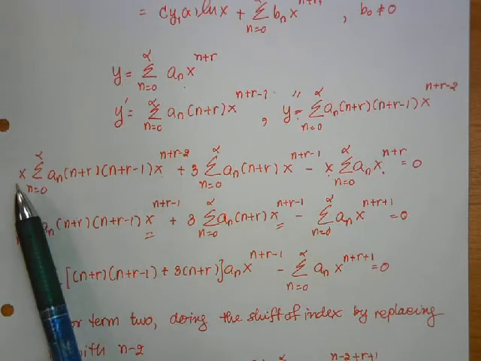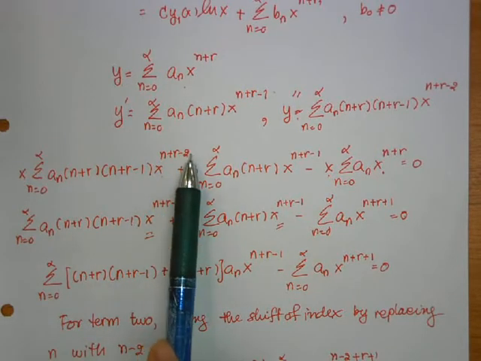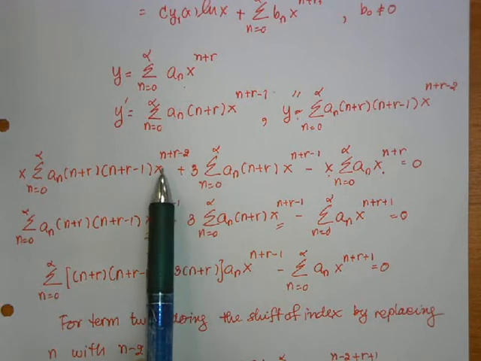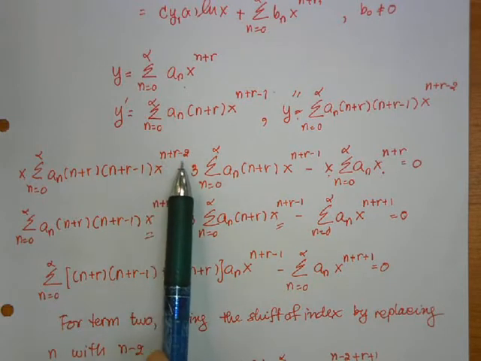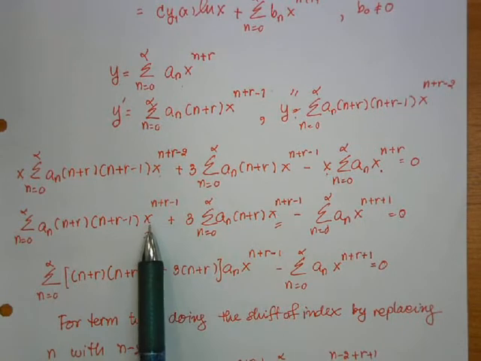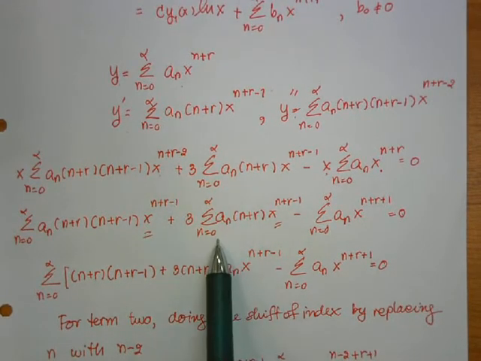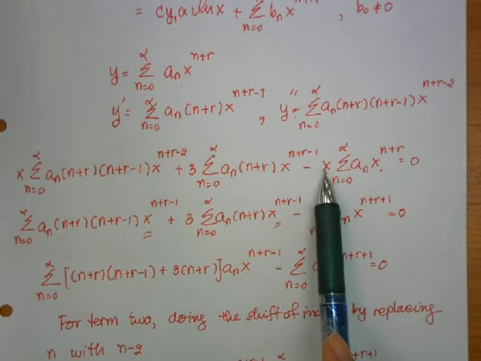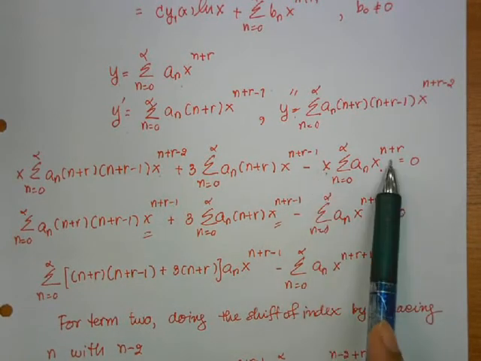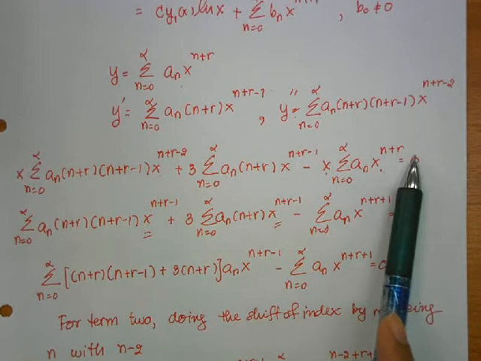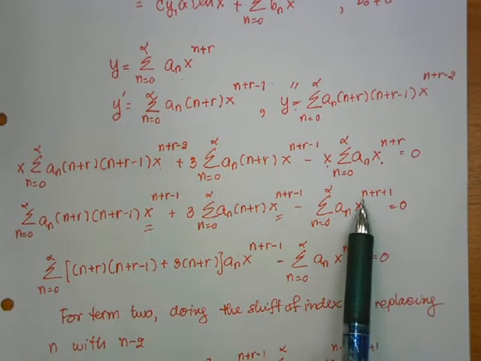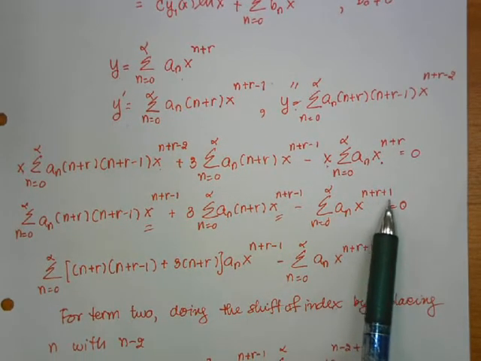So we put x up here, it becomes plus 1 there. So you would get x to the power of n plus r minus 1, which is this one. Now this 3, okay, I just put it there. And we have x here, x combining with x to the power of n plus r becomes x to the power of n plus r plus 1.